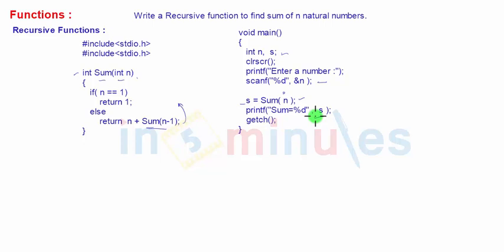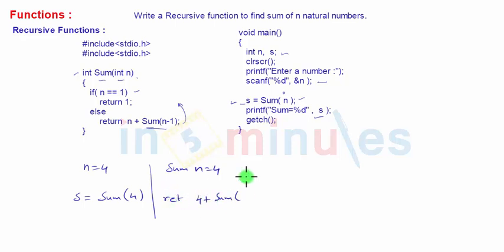Let's see. As main starts working, take an example, suppose n equals 4, then this statement will first call the function s equals sum in brackets 4. The program will start working with the function. Function sum receives n as value 4 and checks the if, which is false. So it goes for return. It's going to return the answer of 4 plus sum of 4 minus 1, that is 3.